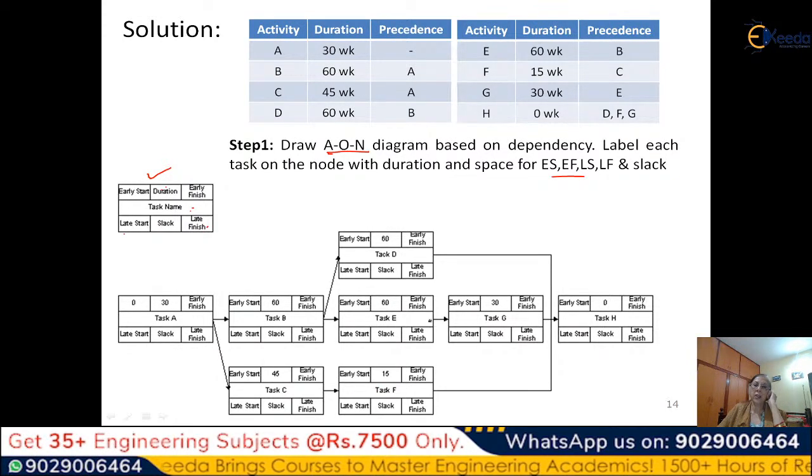Task G depends on task E, so it will come here. And task H depends on these three tasks, D, F and G, so we connect these three to H. So we have created the activity network using the AON convention, and put the task labels and durations in the correct positions.